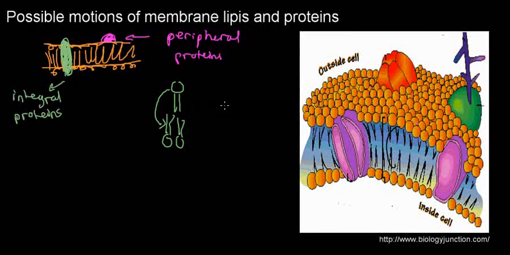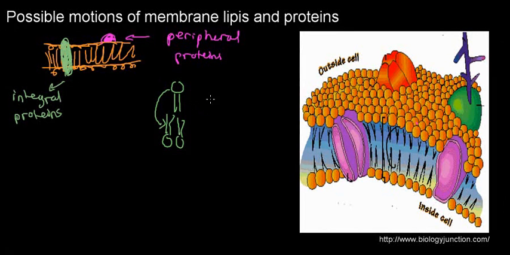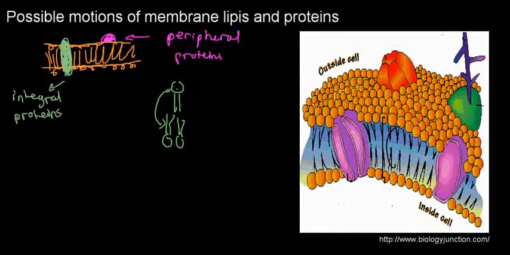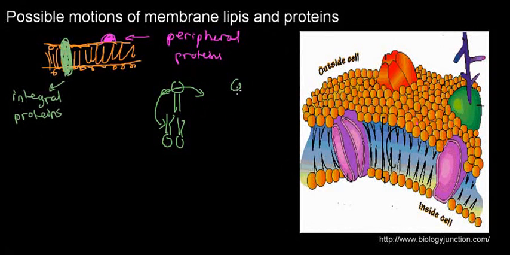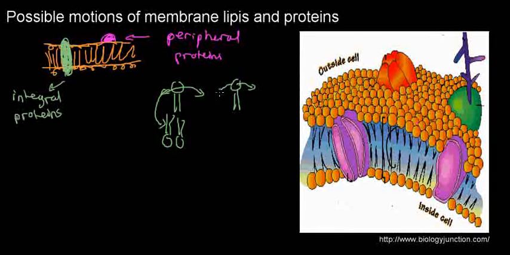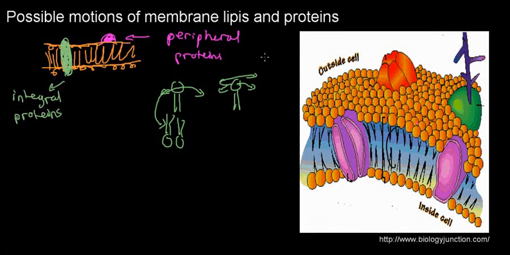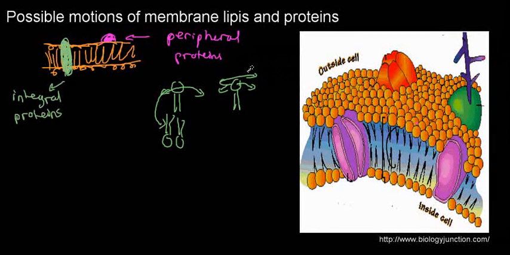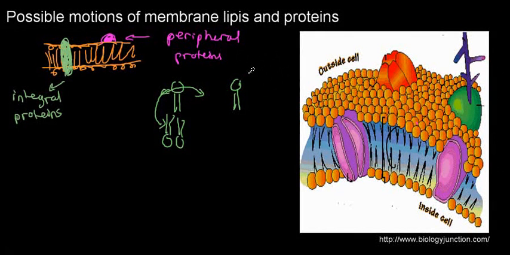This is basically a flip-flop motion. And there's also a motion where they can just move from side to side, kind of like in a rock concert. But this motion is somewhat of a motion that comes alongside others, so I'm not going to really talk at length about that. So this is what lipids can do.